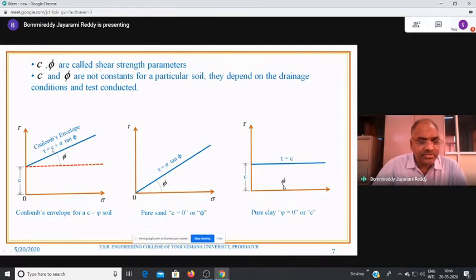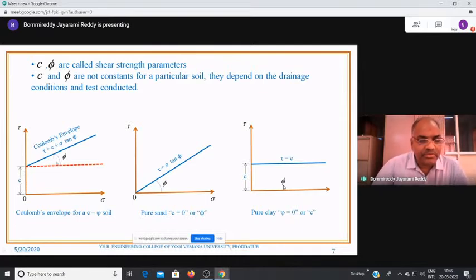So shear stress is equal to C plus sigma tan phi. Here the ordinate on the y-axis is C, and the angle of the failure plane with reference to the horizontal is the angle of internal friction phi. So this is how the Coulomb envelope is represented. It does not pass through the origin, but cuts the y-axis at the ordinate C, so the y-intercept is called the cohesion.